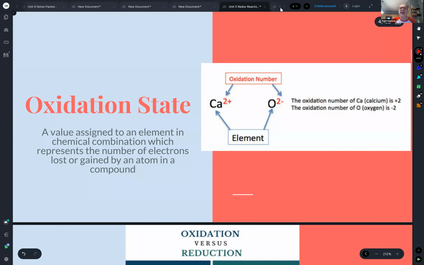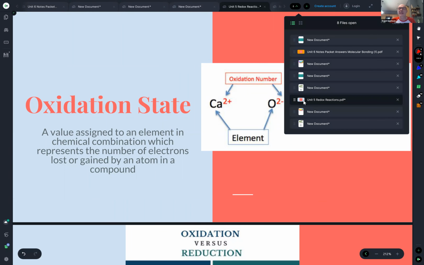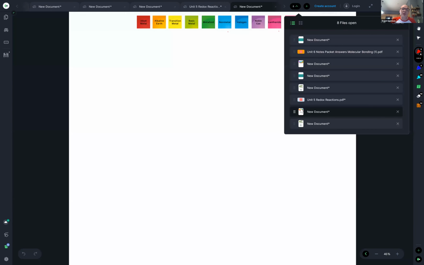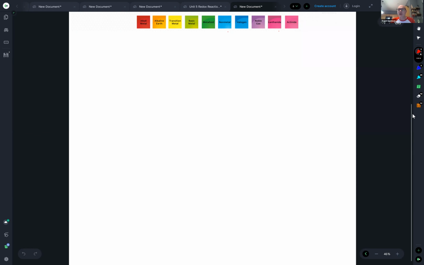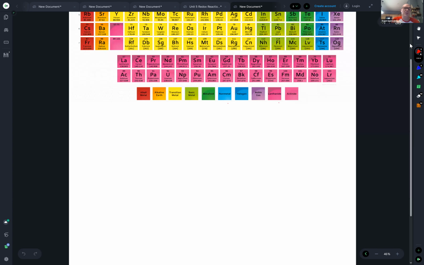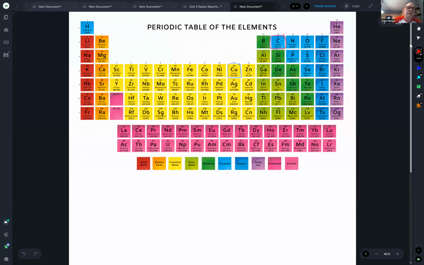On the periodic table that I provided to you at different times throughout the year, you had some predictable charges, like elements in the first column +1, +2, +3, +4, and then -3, -2, -1, and 0. Sometimes this one also would be a -4 on top because of the nonmetals. That was when we were just starting to learn about these things. We just called them charges, and it made sense for us at the time.